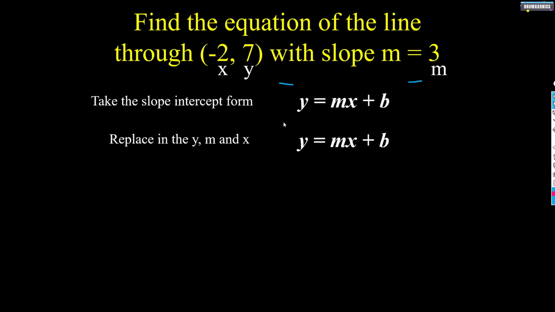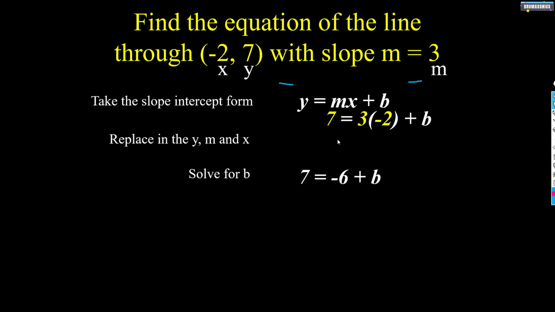We know that m is equal to 3, x and y, we do have them. And when we look at our equation, we can see that we have m, x and y, meaning that we can just place the right numbers into the equation and try to solve for b, right?